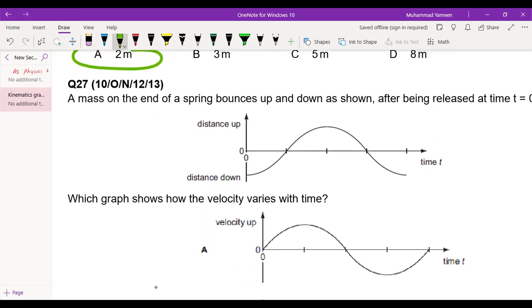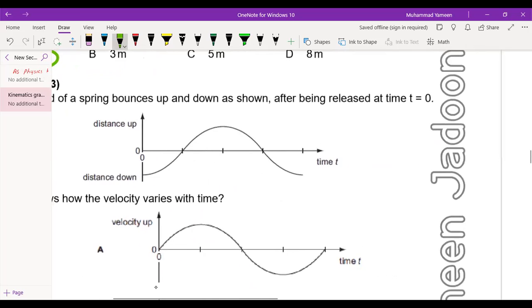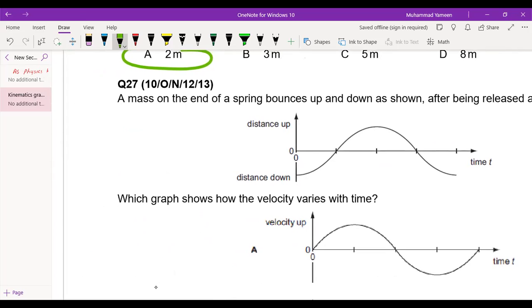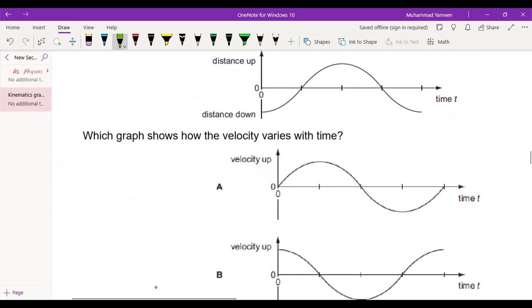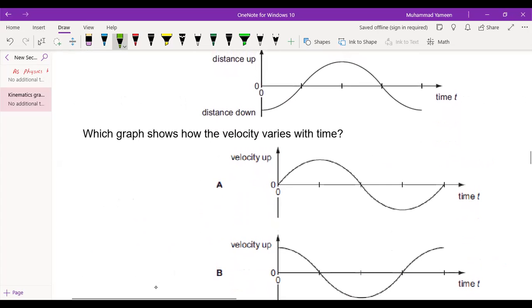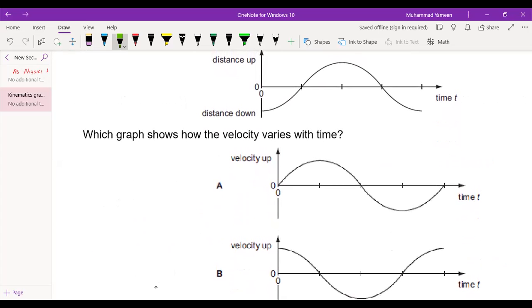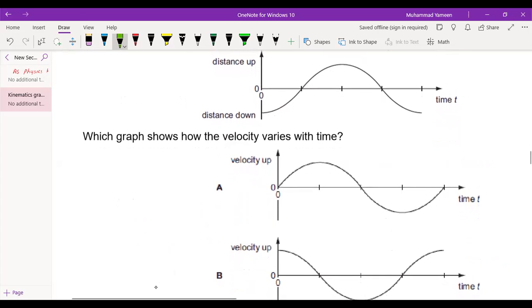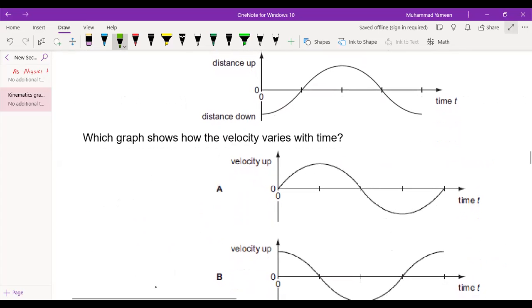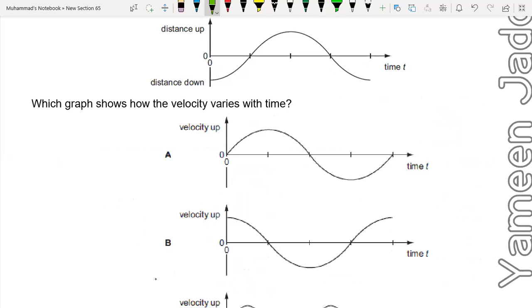A mass m on the end of a spring bounces up and down as shown after being released at time t equal to 0. Which graph shows how the velocity varies? Okay. So the gradient of the displacement time graph will give us velocity. At t equal to 0, its gradient is 0 over here.